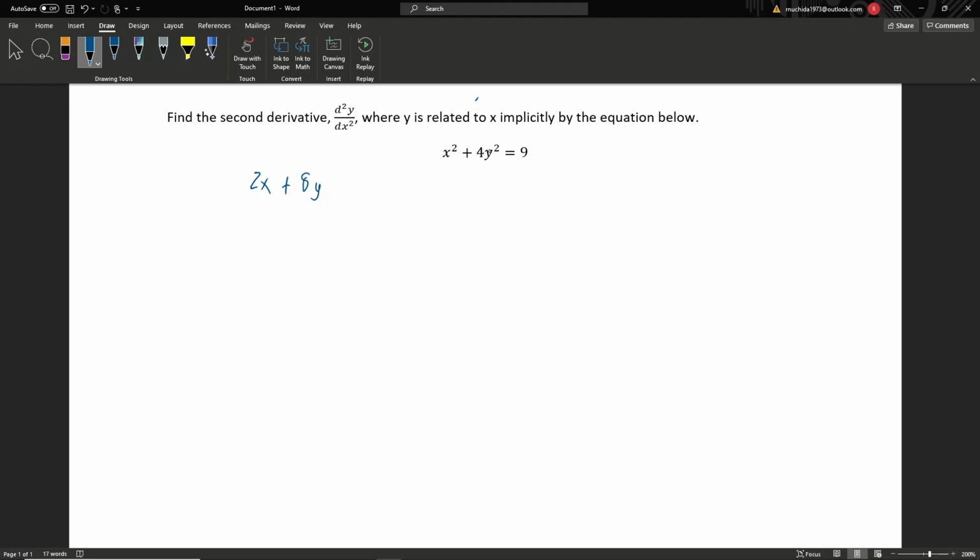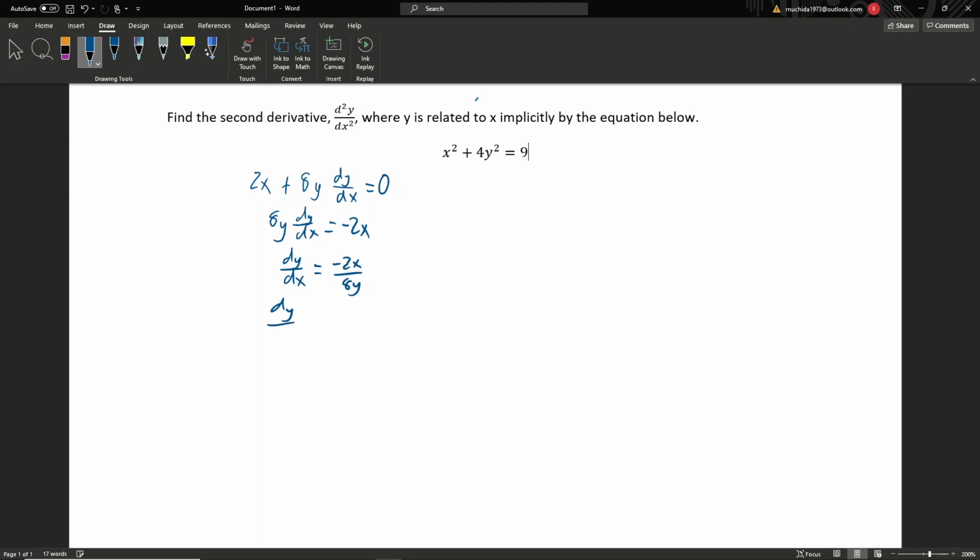When we take the derivative of 4y squared, we have 8y times the derivative of the inside, the derivative of y with respect to x, that would be dy/dx. And the derivative of the right-hand side, the derivative of a constant, is 0. Then to find the first derivative, we solve for dy/dx. We subtract 2x from both sides, so we get 8y dy/dx equals negative 2x, and then divide both sides by 8y, so dy/dx equals negative 2x over 8y.